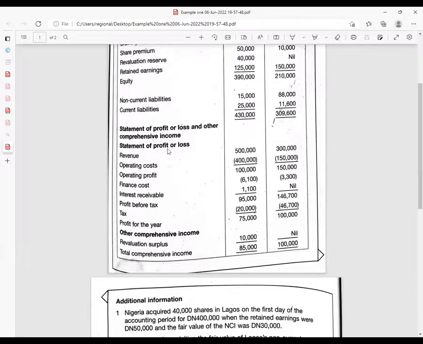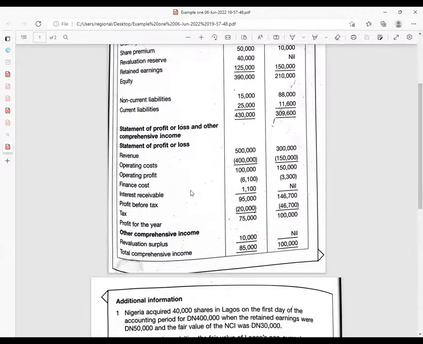So we have, first of all, the statement of profit or loss, and then we have other comprehensive incomes. Under other comprehensive incomes, I have revaluation, and then I'll be bringing here the foreign currency exchange. It also falls under other comprehensive incomes.